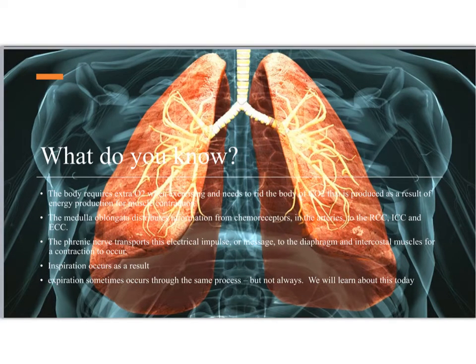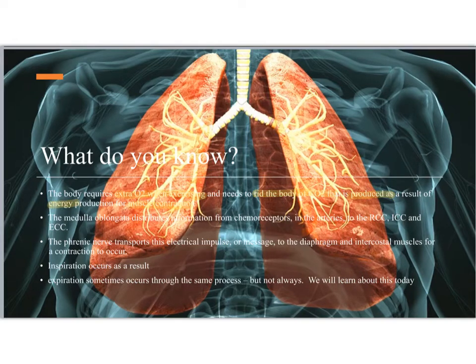So what do we need to know? We need to understand that the body requires extra oxygen when we're exercising, and it also needs to rid the body of carbon dioxide. The carbon dioxide is produced when we produce more energy for muscle contractions during exercise.